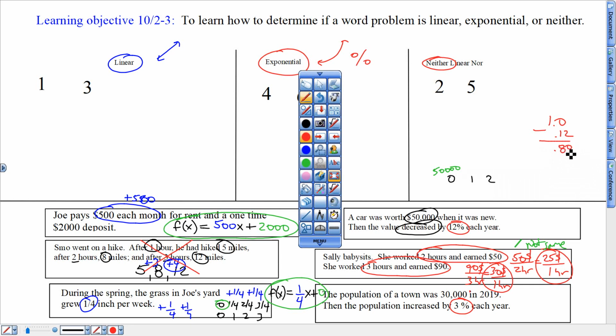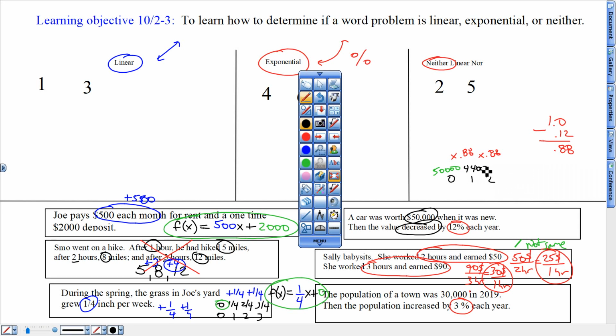That's what I'm going to be multiplying by each time, times 0.88. If I take that 0.88 and times it by 50,000 using my calculator, it goes down by a little bit. It goes down to 44,000.